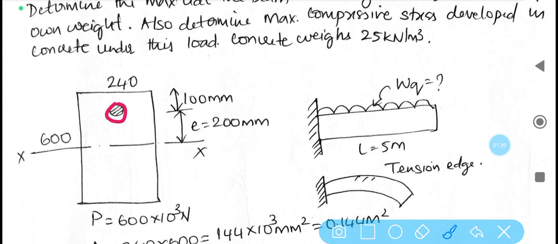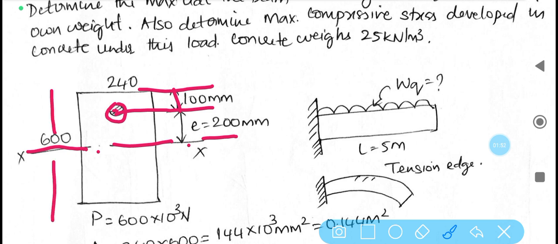So here we need to draw the cable. You have to measure 100 mm, plot it, and then eccentricity is always calculated with respect to the neutral axis. The total depth is 600, and 600 divided by 2 is 300. So 300 minus 100, finally we get the eccentricity as 200.